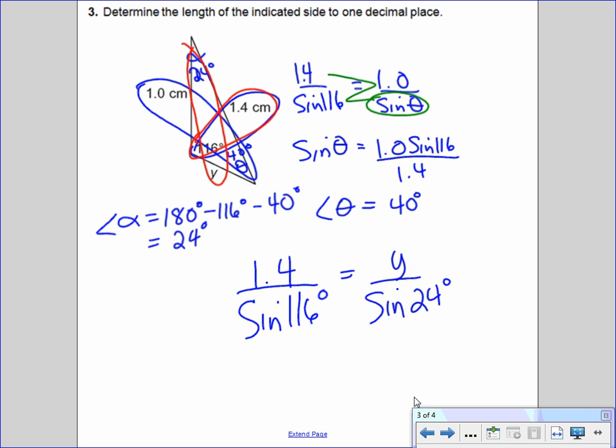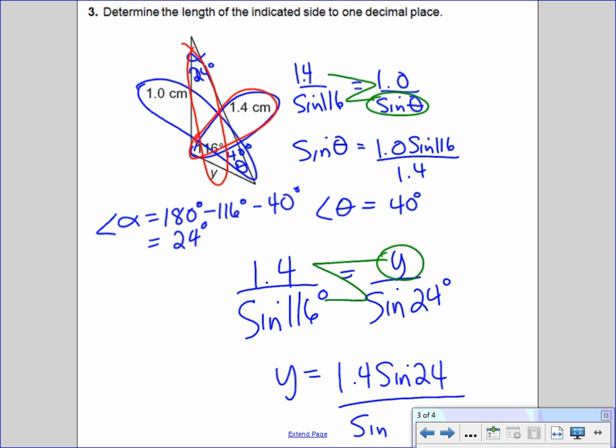Now I'm going to do my Zorro, but now my Zorro starts from my y value. So I get y equals 1.4 sine 24 divided by sine 116.